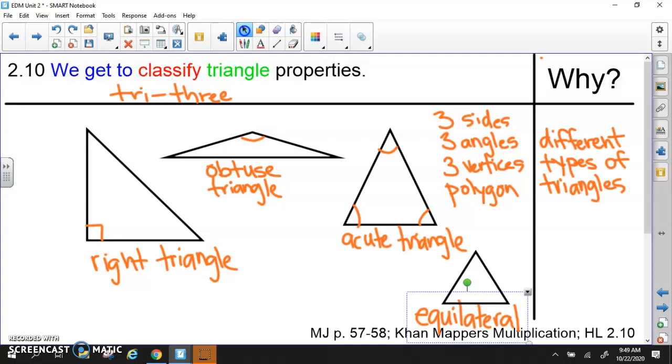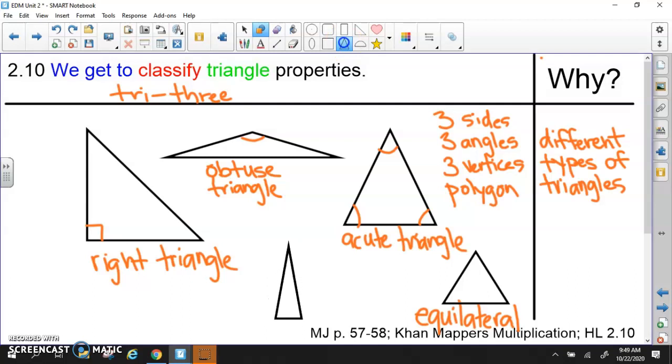Yes, sir. Do you know it? Tell us about it. This is an isosceles triangle. What do you think that means? Nope, not about the size. It's not about its size.